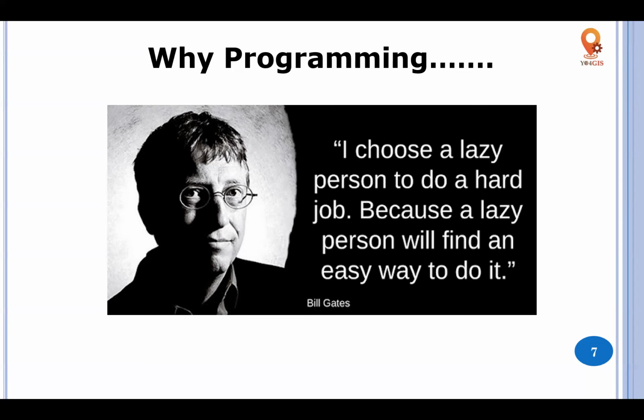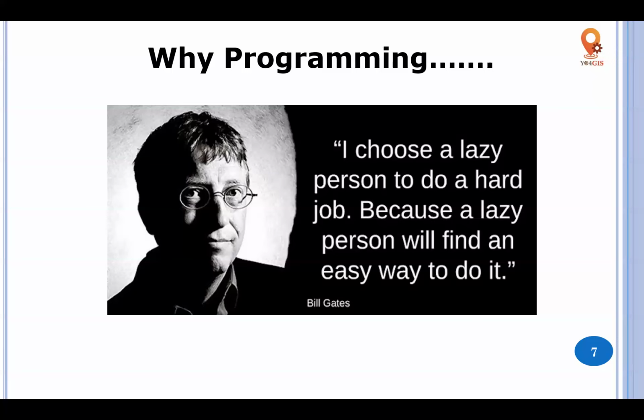We want to reduce the manual effort, because if some work you are doing in 5 hours, and you are not implementing any development, you don't reduce the man hours, then why do we require programming?